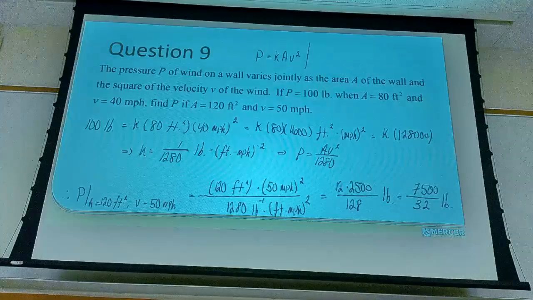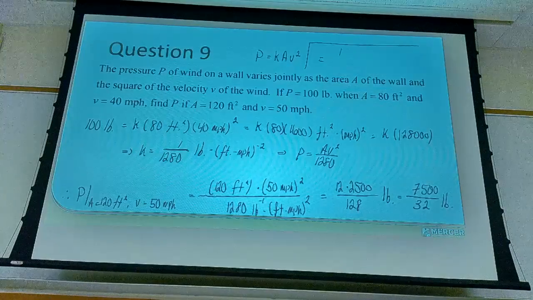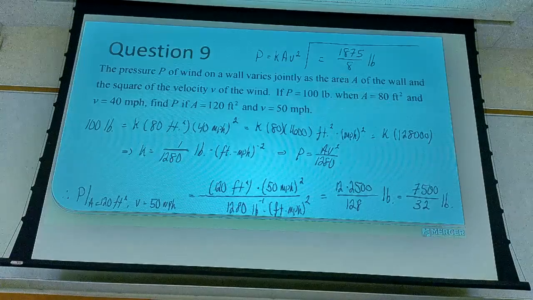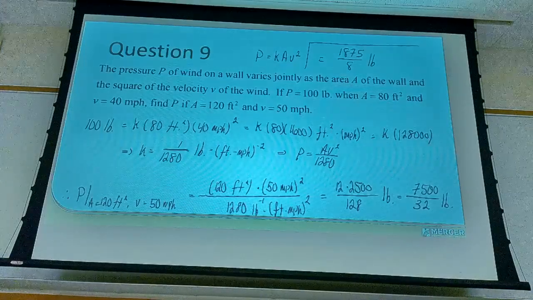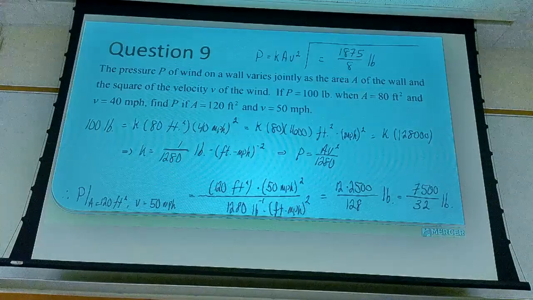You're saying that simplified is 1,875 over 8. So 1,875 over 8 pounds is the pressure.